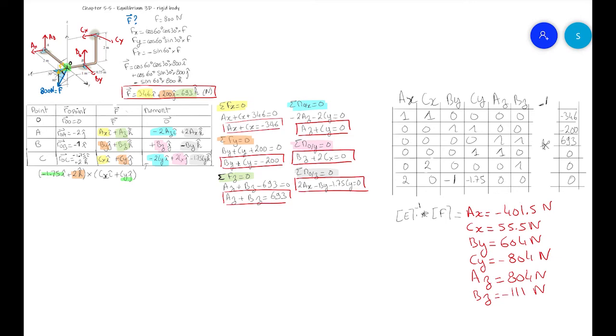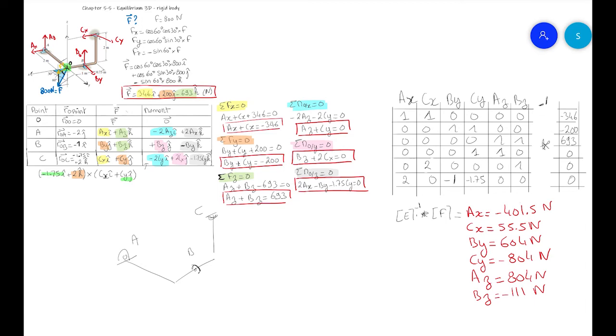When I have a 6 by 6 matrix, I prefer to use Excel if it is available on my computer. I made a little video to explain how to solve a system of matrices in Excel. So here we go. What we have here are the reactions in each bearing: bearing A, the pipe, bearing B, and bearing C in this direction.